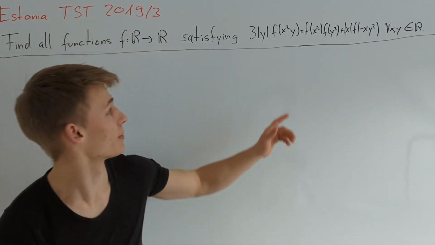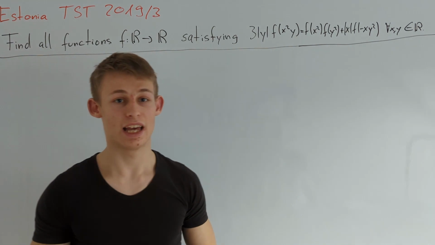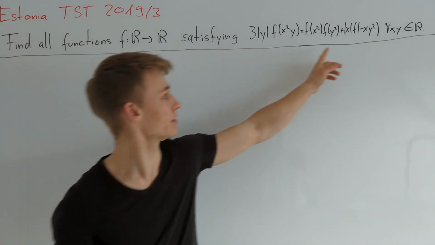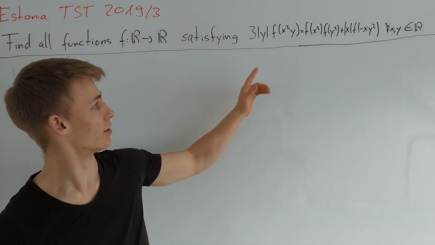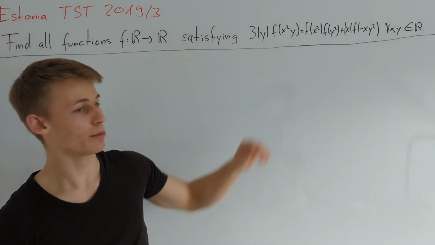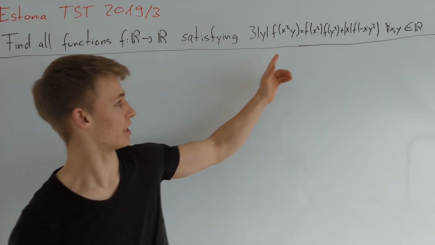Since we have a lot of squares in our functional equation here and also have the absolute values, we are motivated to plug in the negative value of x or y into this equation, because then only a few terms change.